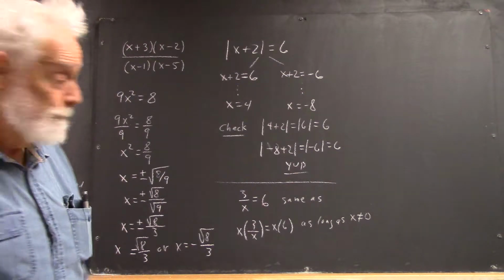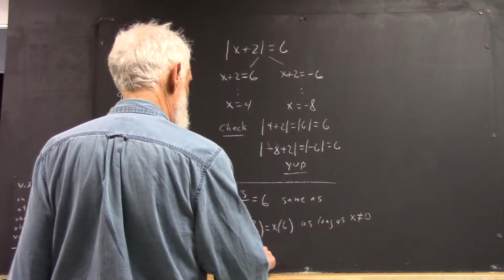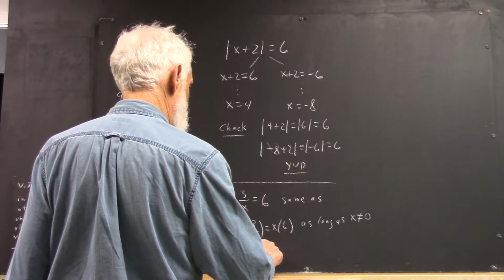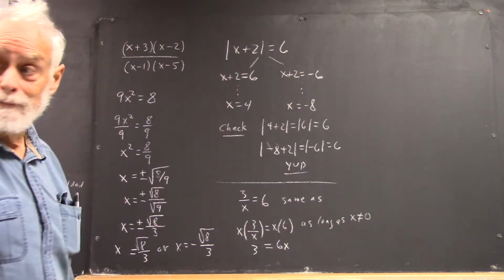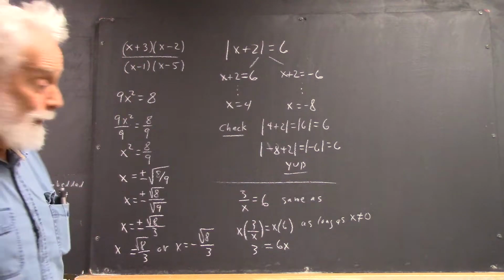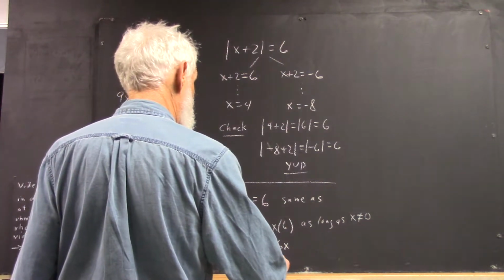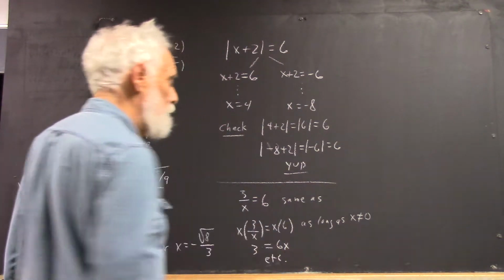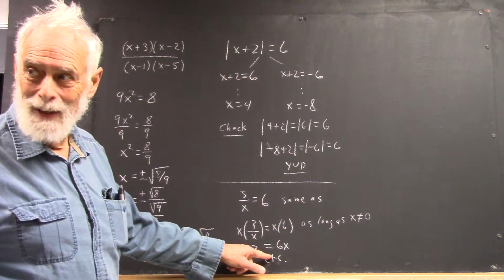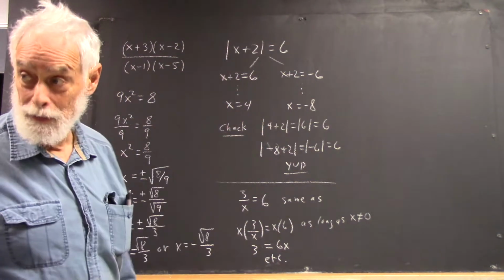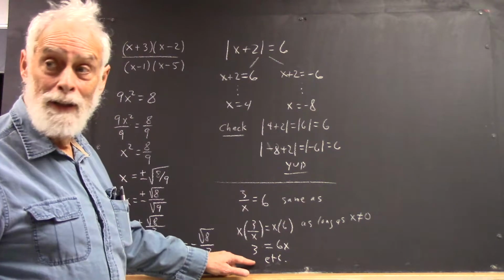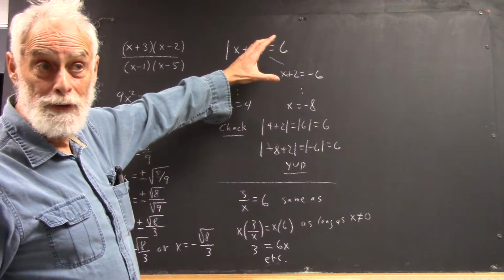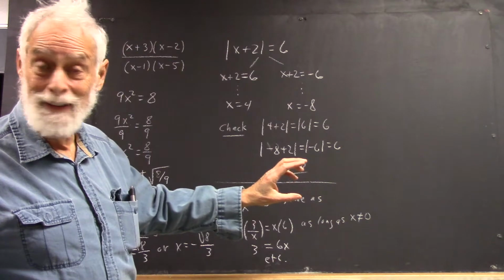Okay? So, well, that gives us 3 = 6x, right? And I'm going to say etc. Now, by etc., I don't mean you stop here. I mean you go ahead and do what you already know how to do. Just like when I wrote etc. after reducing the system of 3 equations to a system of 2 equations.